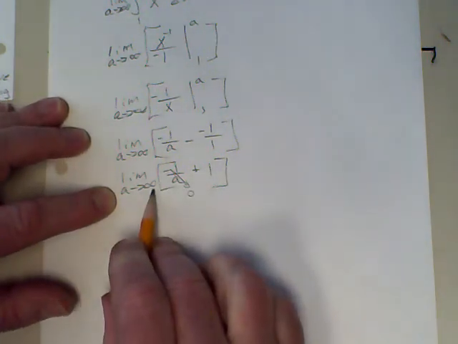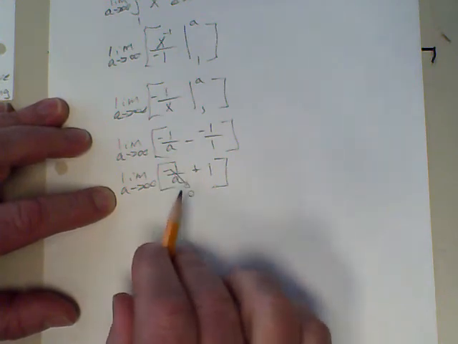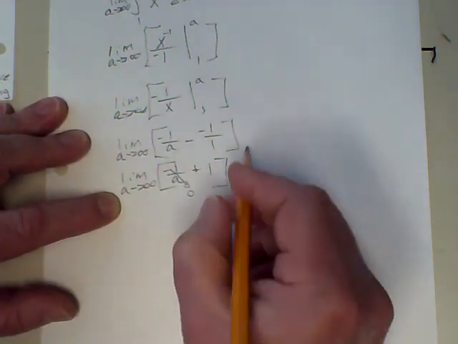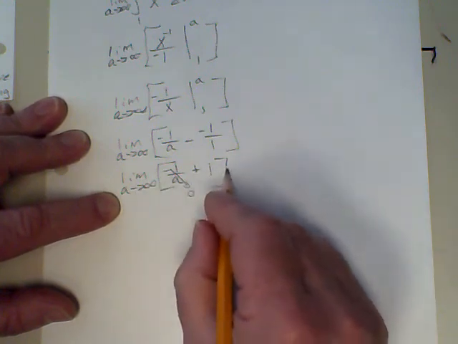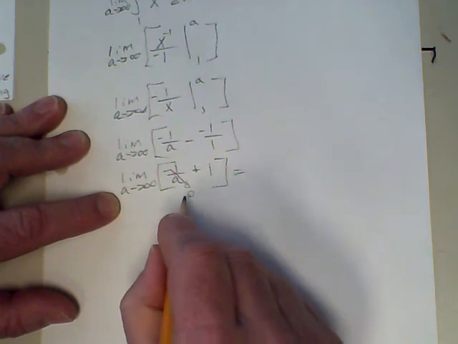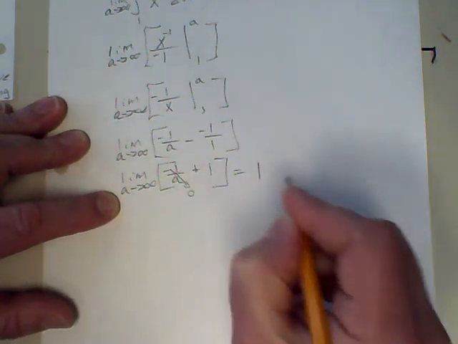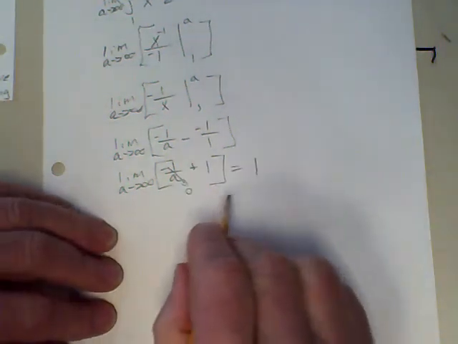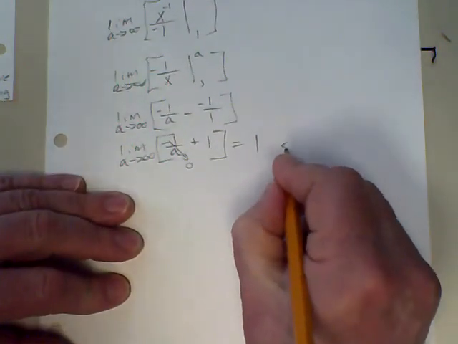As a gets out closer to infinity, the value of the fraction is going to get closer and closer to 0. Of course, the 1 doesn't change in value as a goes towards infinity. There's no a's here. So this is going to go towards 0 plus 1, 1. Now, the integral here has converged.